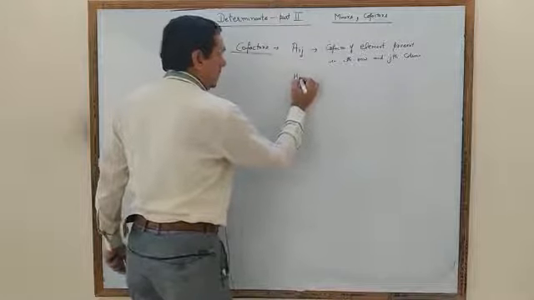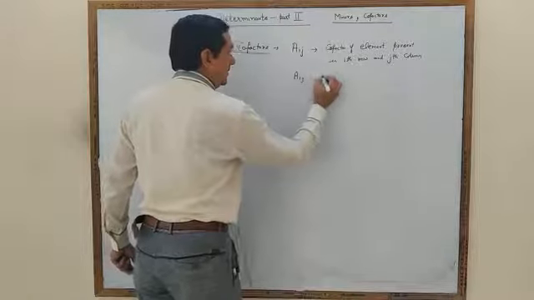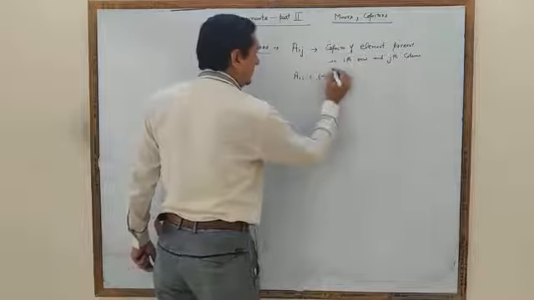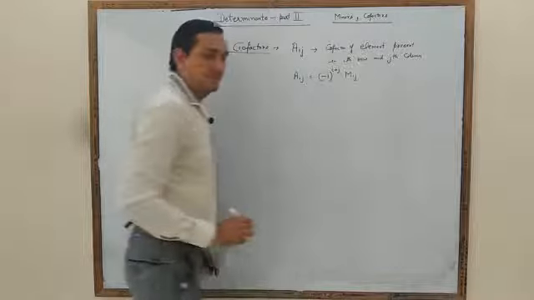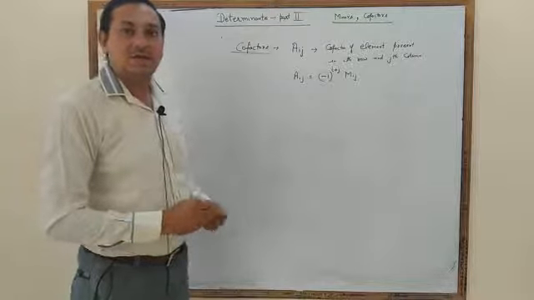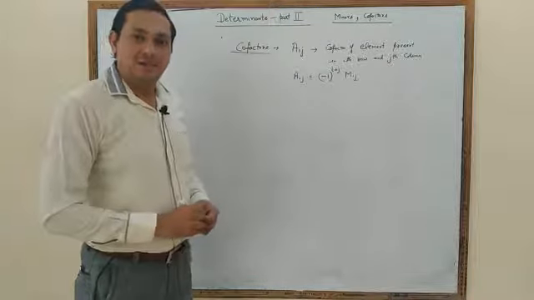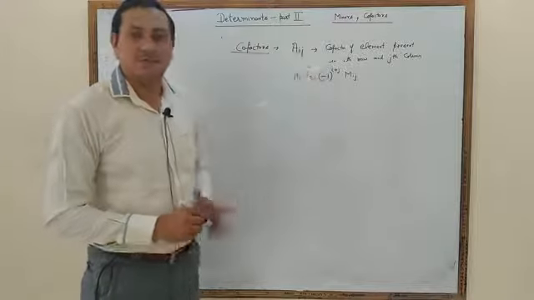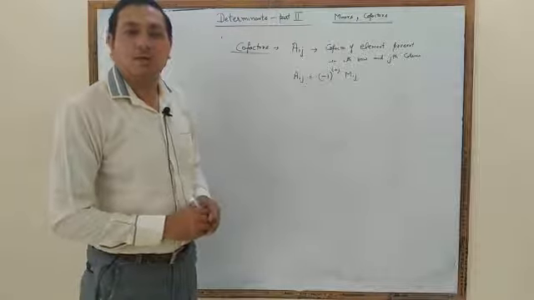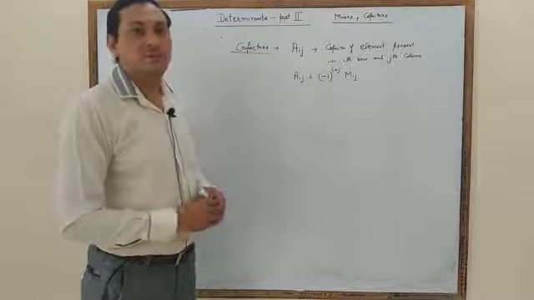Now how can we calculate Aij? It is just -1 raised to the power i plus j multiplied by Mij. So cofactors are the minors multiplied by -1 raised to the power i plus j, where i means the row and j means the column in which the element is situated.